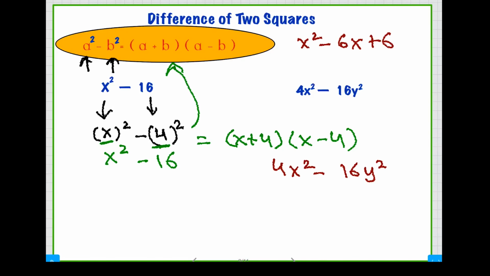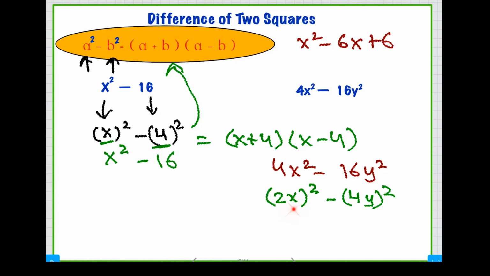So I'm going to write it now as 2x whole square minus 4y whole square, because 4x squared is the same as writing 2x to the power 2, and 16y squared as 4y squared. Now it is in this formula form, a squared minus b squared.